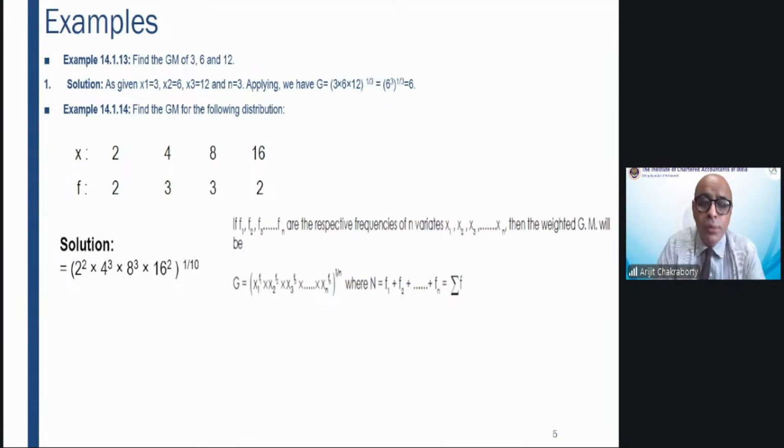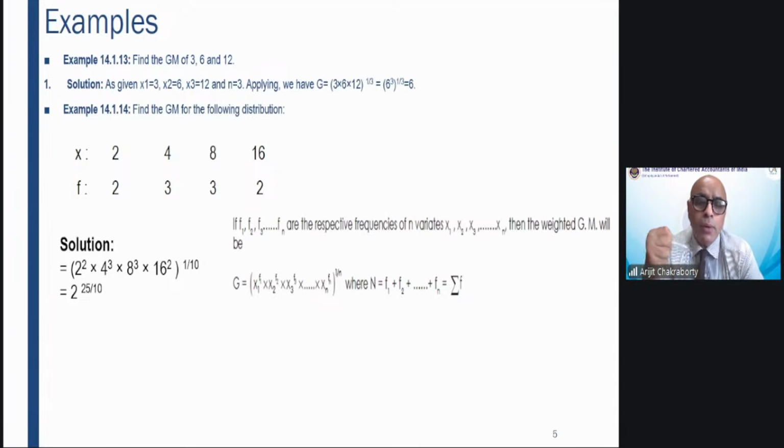Now, if you add up all the frequencies, that is sigma f, you get 2 plus 3 plus 3 plus 2, that is 10. So here the solution is the 10th root of this particular expression, 2 square into 4 cube into 8 cube into 16 square. If you calculate this, you will find it comes to 2 to the power 25, just by applying the formula which you have learned in indices. A to the power m into a to the power n gives you a to the power m plus n.